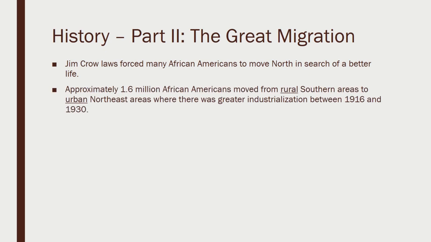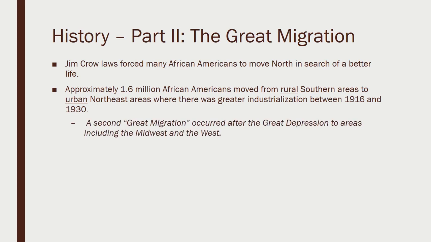Approximately 1.6 million African Americans moved from rural southern areas to urban northeast areas like Harlem. And this Great Migration occurred between 1916 and 1930. So about this time period we're discussing. And just so that you know, a second migration occurred after the Depression to areas that went west, the Midwest and West.